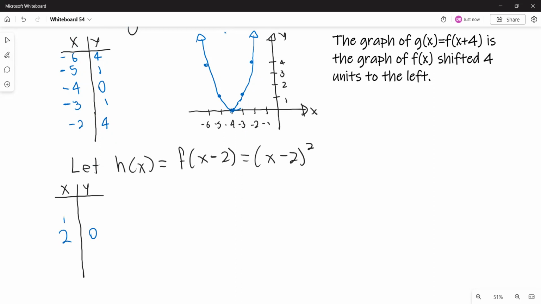I'm going to take 2 values to the left and 2 values to the right. If x is 3, 3 minus 2 is 1, 1 squared is 1. If x is 4, 4 minus 2 is 2, 2 squared is 4. 1 minus 2 is negative 1, negative 1 squared is 1, and 0 minus 2 is negative 2, negative 2 squared is 4.